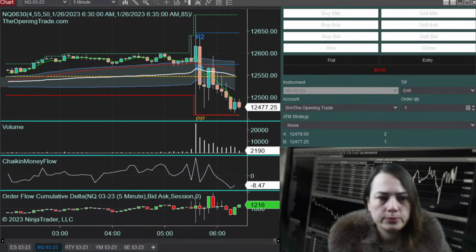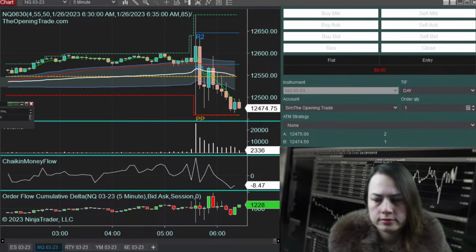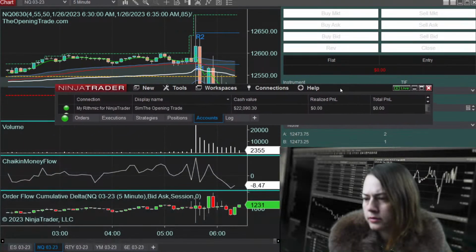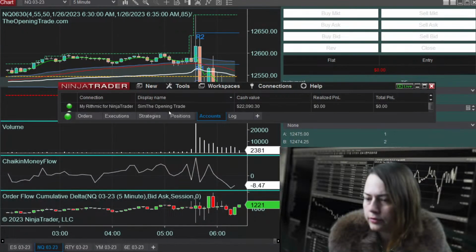All right. So before we get started here, let's take a look at our current SIM account balance. All right. So here we are, simulated opening trade.